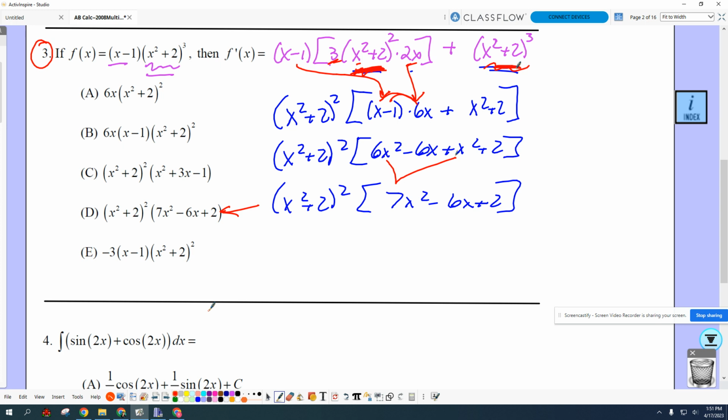Okay, so I did a very similar problem with BC Calc today. Theirs was actually easier. It gave them the derivative already, and they had to factor. They had to do something similar to this. They are going to get you guys at making you do algebra and arithmetic very carefully.